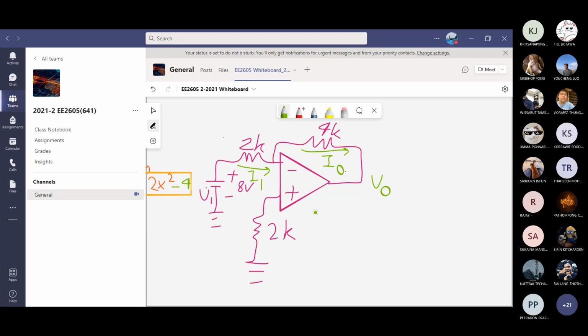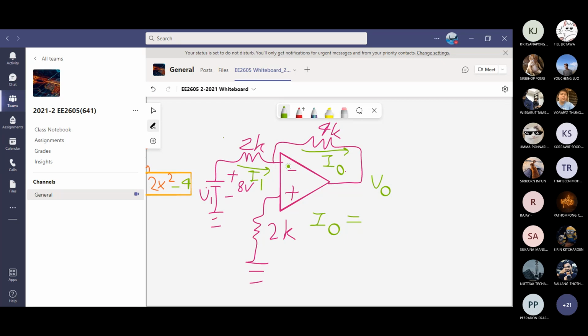So calculate the load current or output current I out. What is the value? If you forgot the formula of voltage controlled current source, you can simply analyze the circuit. How do we analyze it? Can you find the value of I1? What is I1?